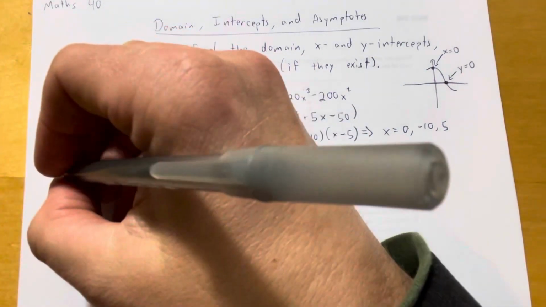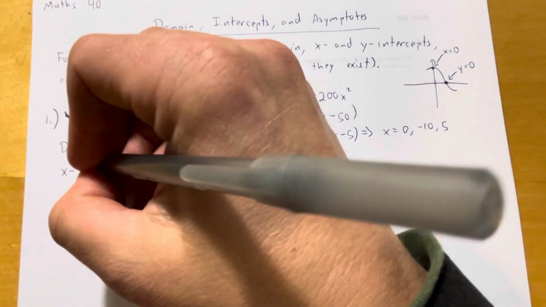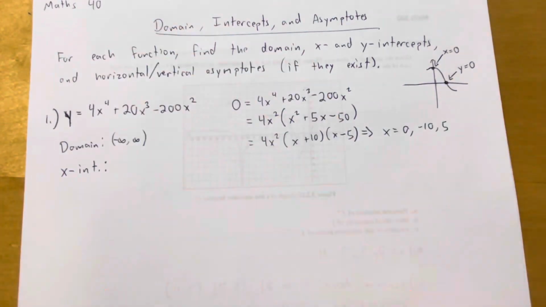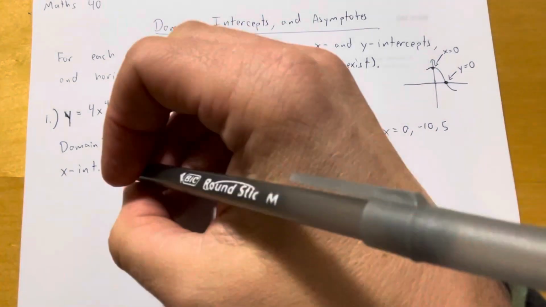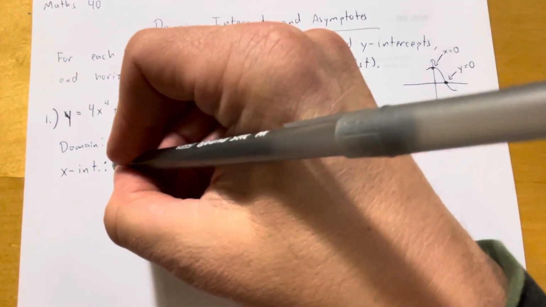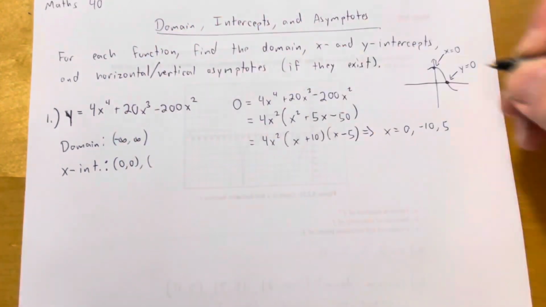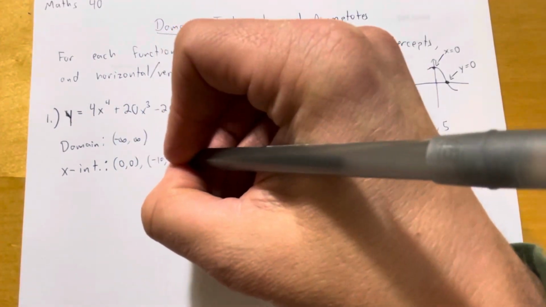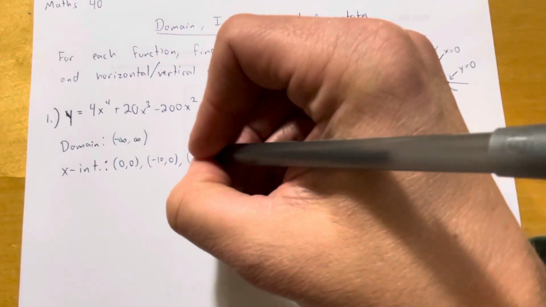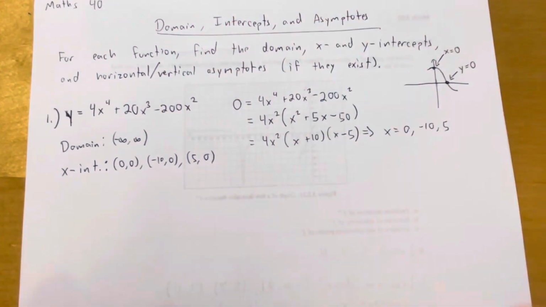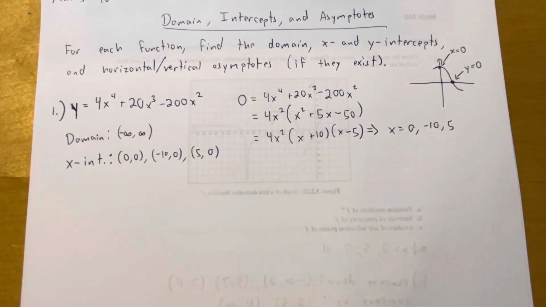But notice that when I write my x-intercepts, I'm not just writing x equals 0, x equals negative 10, x equals 5. I have to specifically write them as points. So (0, 0), (negative 10, 0), (5, 0). Notice in all three of them, the y-coordinate is 0 because that's the defining characteristic of an x-intercept. It's where your y-coordinate is 0.